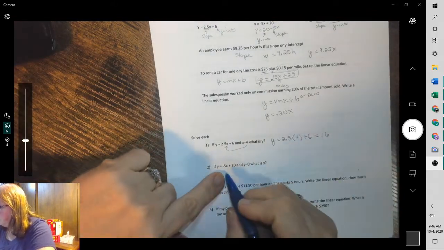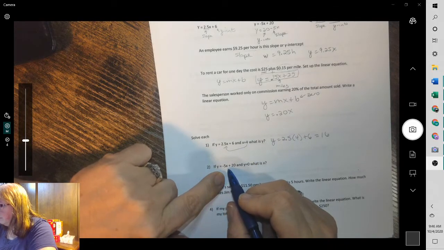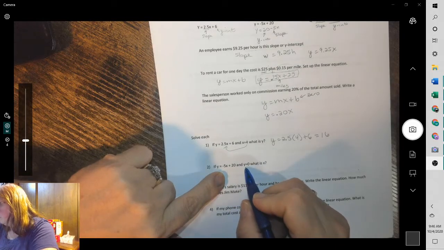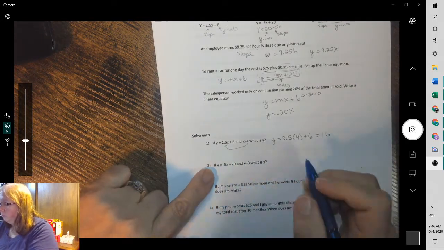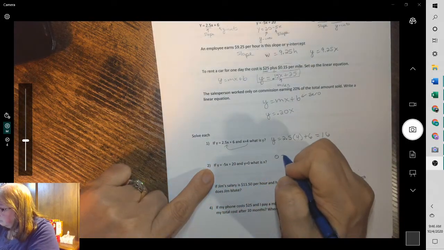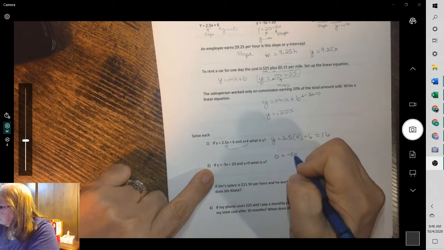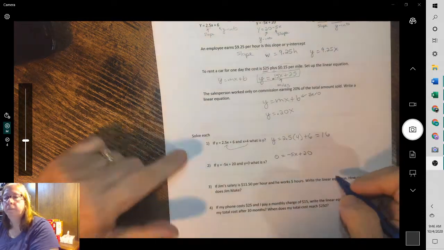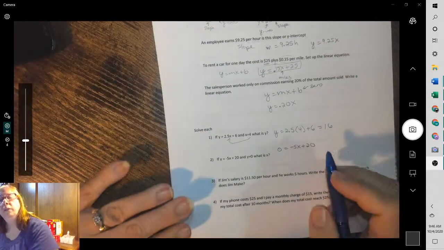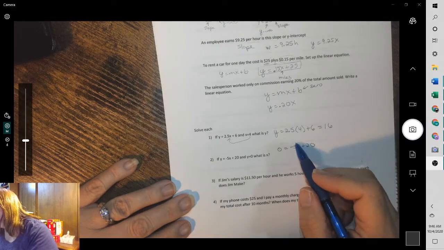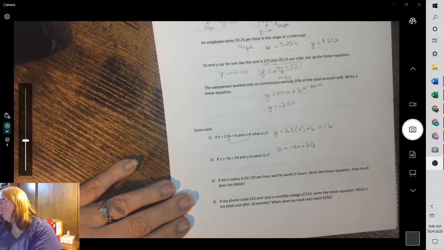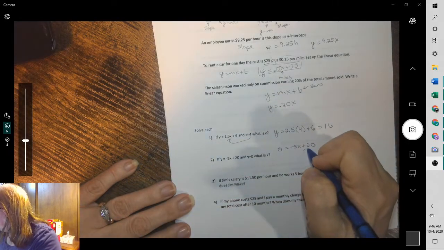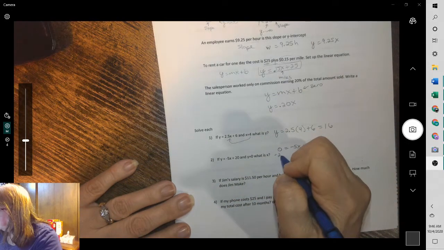Try another one. We have y equals a negative 5x plus 20. In this case, they're giving us what y is, and we need to find x. So we need to plug the 0 in for y. Now, to solve for x, we need to get this term by itself, so we want to subtract the 20. Always do the opposite. So since we're adding 20, we will subtract 20.